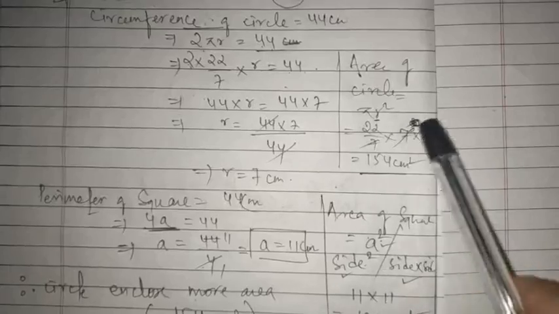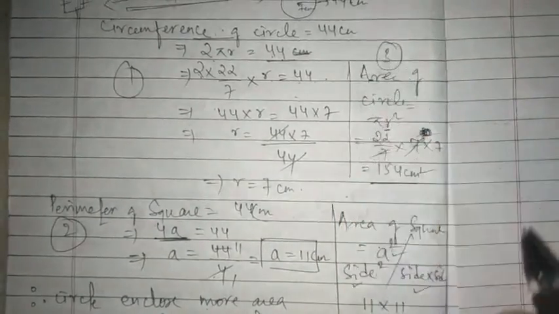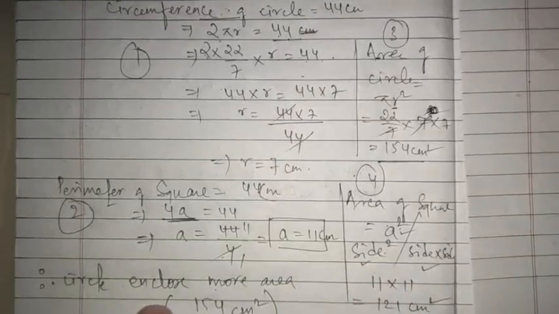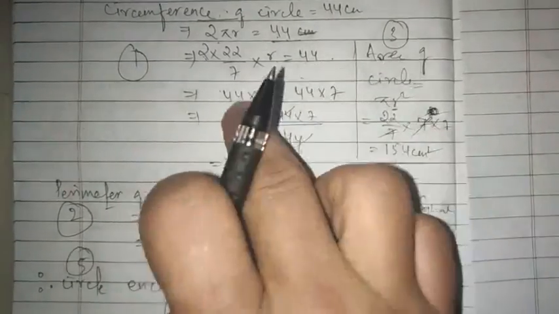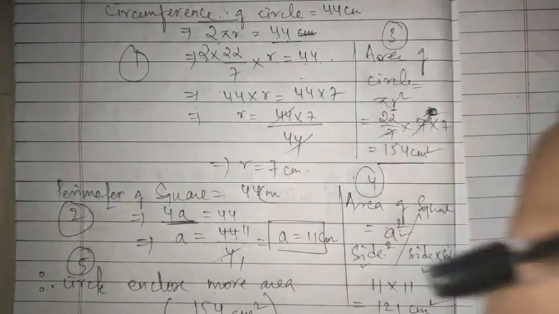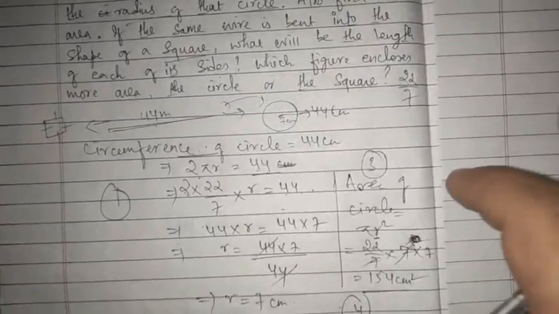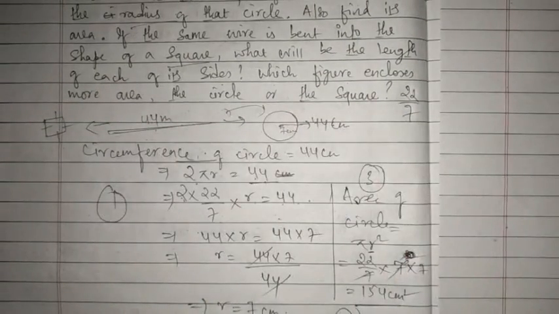Then we found the area of both figures one by one, and the last part was to compare them. There were 5 questions together in one sum, right? So you have to be very careful, understand the question very well, make a figure first, then the concept will be easy for you all.